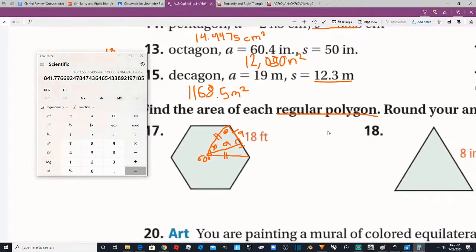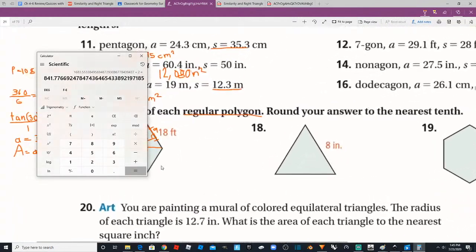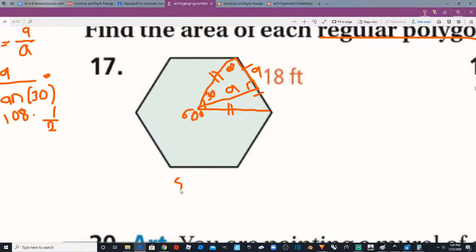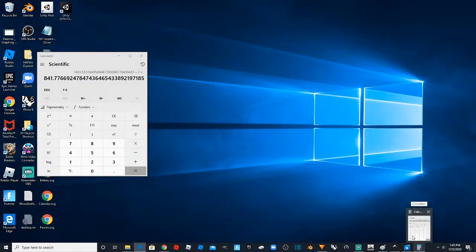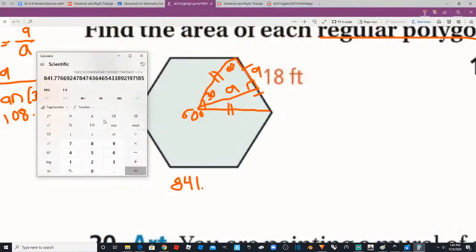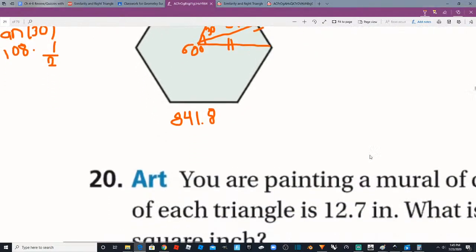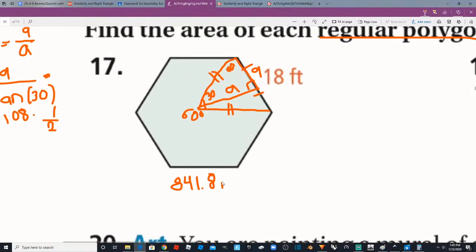Yeah. It says round your answer to the nearest tenth. So let's round. Let's just do that. 841.7, that rounds up to 8 because it rounds up.